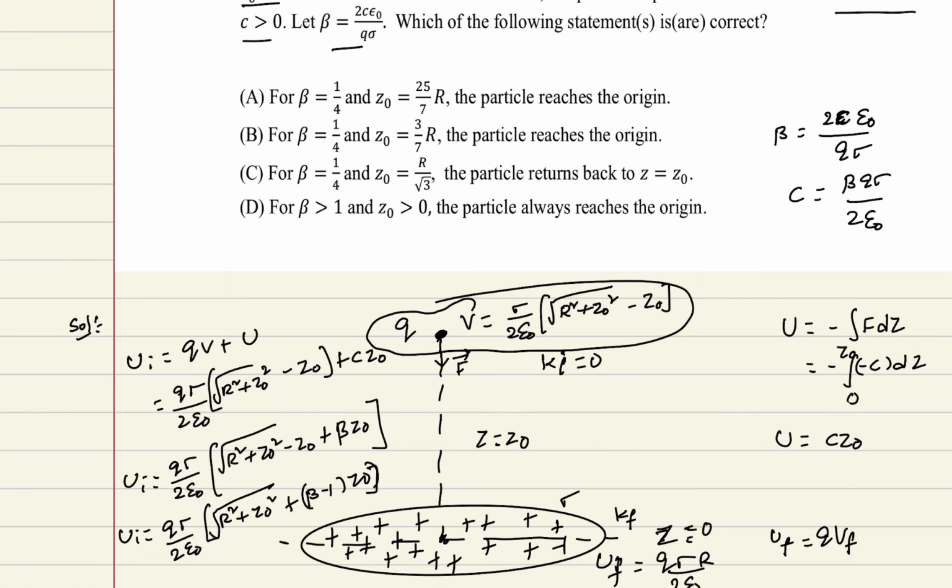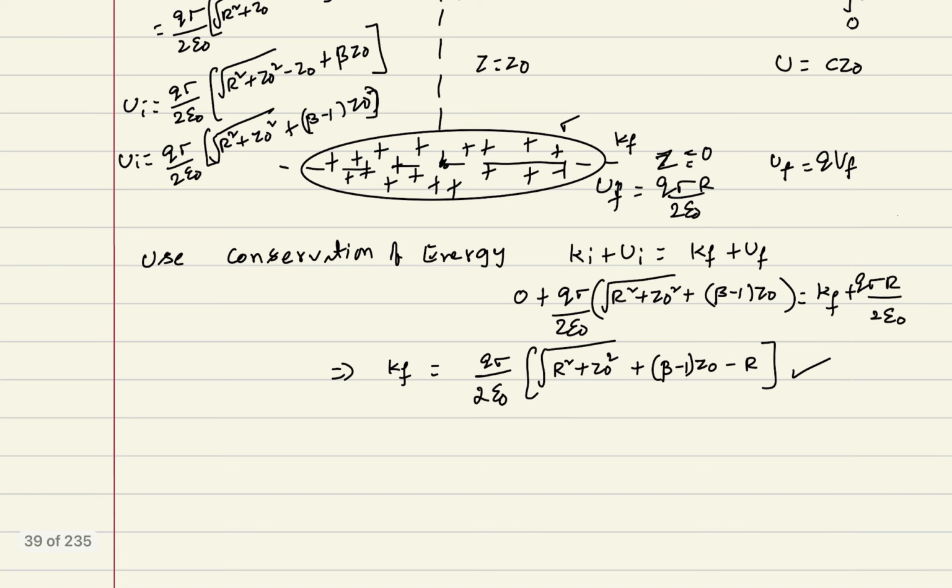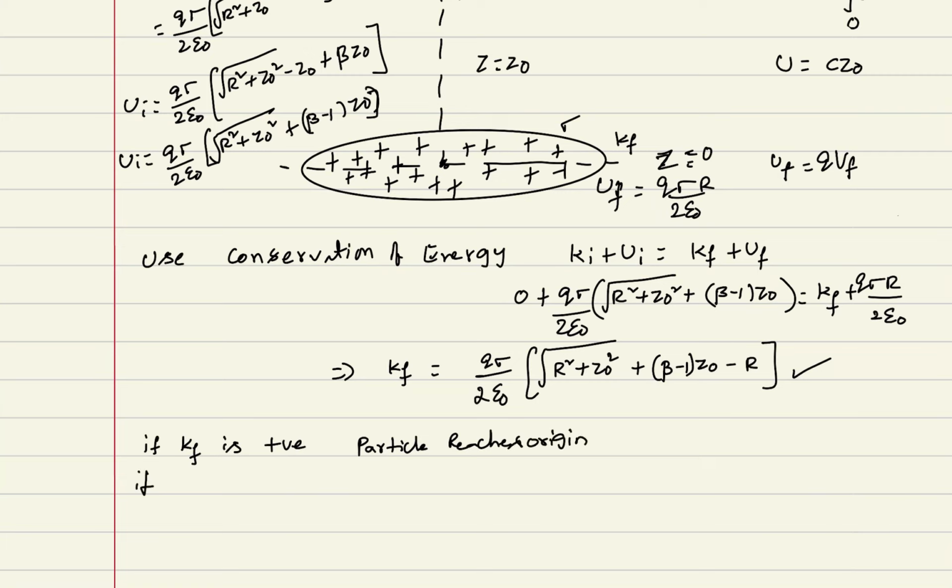Now according to the question, the particle either reaches the origin or comes back. Two relations they have given. So when can the particle reach the origin? When can it return back? If the final kinetic energy is greater than 0, that is, positive, we can say that the particle reaches the origin.